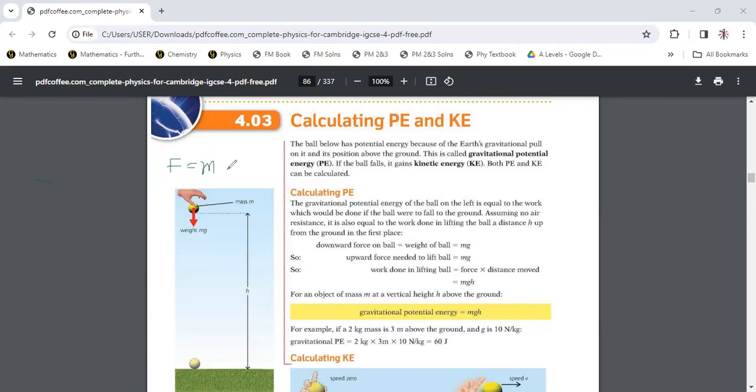Our weight is equal to the mass multiplied by the gravitational field strength, which is why it's equal to mg. When it talks about the weight, you will go for mg, which is also equivalent to force in this case. So if you move this vertical distance, h, your gravitational potential energy will be mgh. Now, let's try a question here.